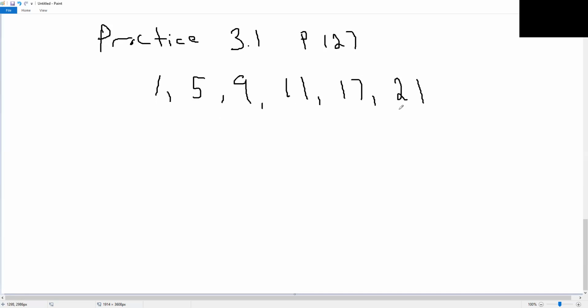Okay, factor from each one. I also want you to do 23, 29, 37, and then solve. Okay, this is the big one.